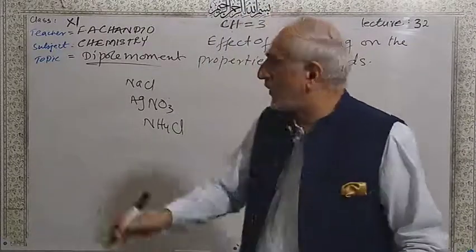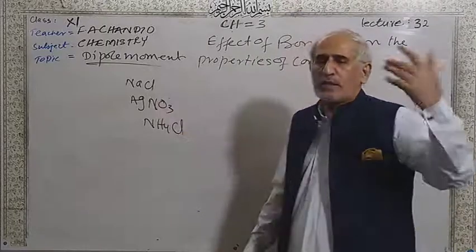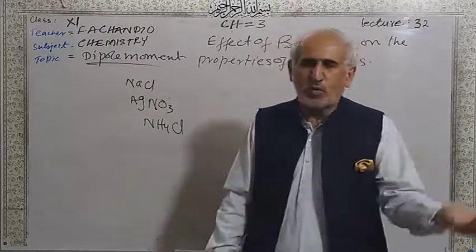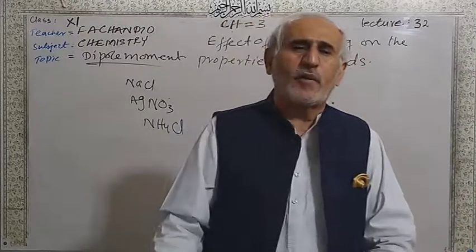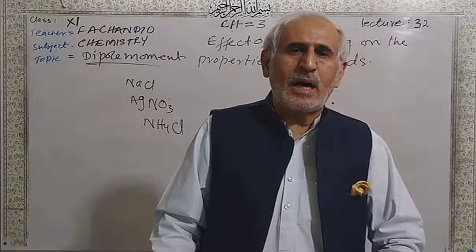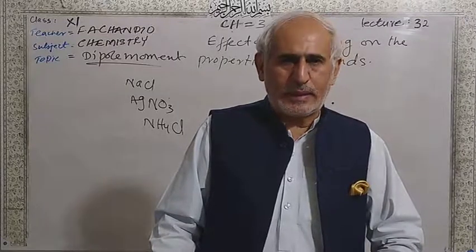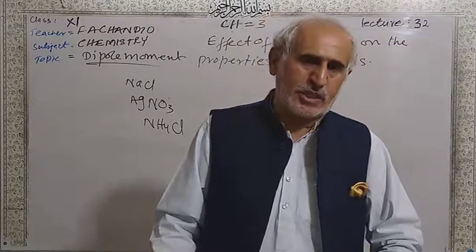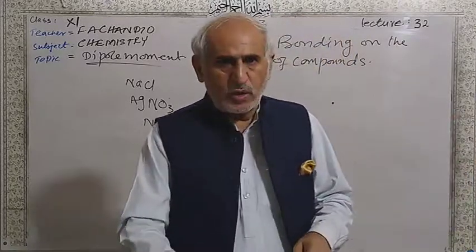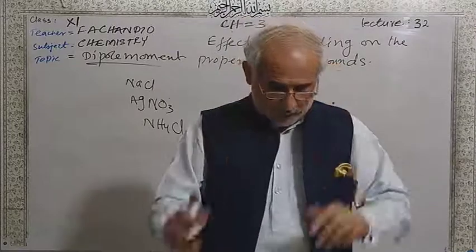Negative ions of the salt move towards the hydrogen of the water, and positive ions of the salt move towards the negative oxygen of the water. So this is called ionic and covalent interactions: how an ionic compound dissolves in polar covalent water.